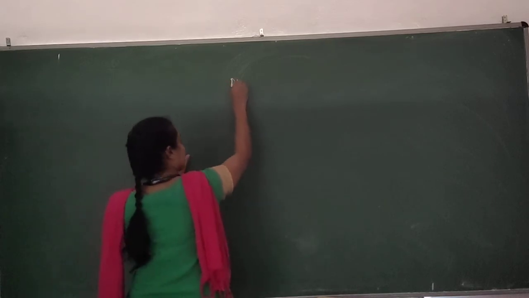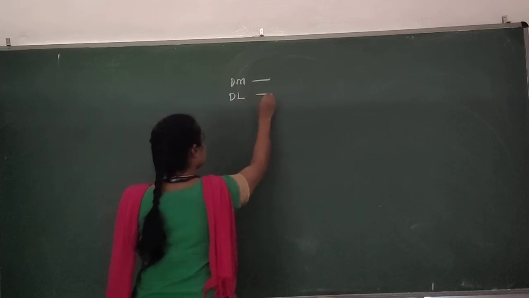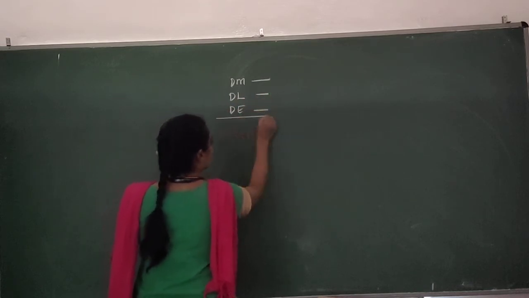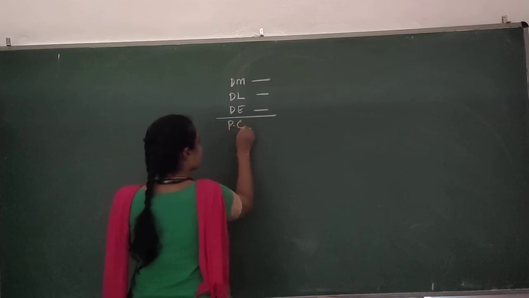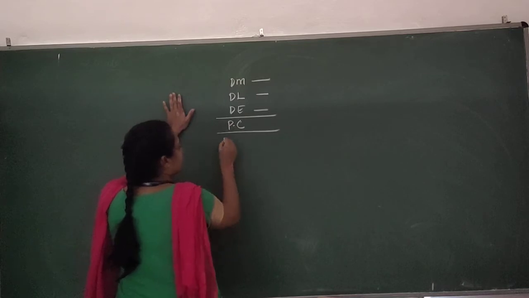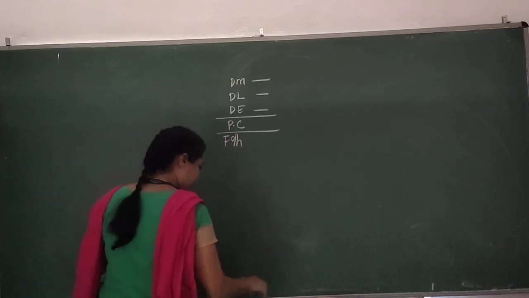First is direct material, direct labor, direct expenses. So this one is called prime cost.